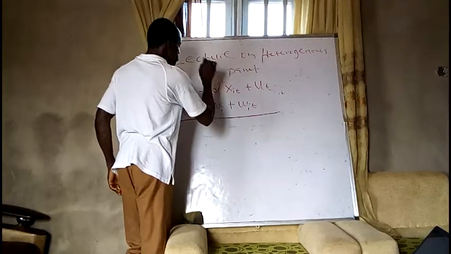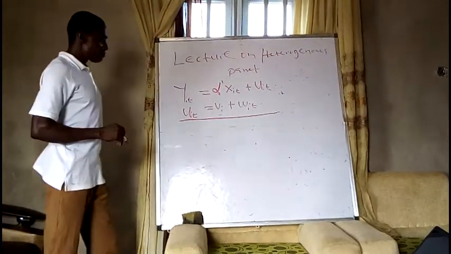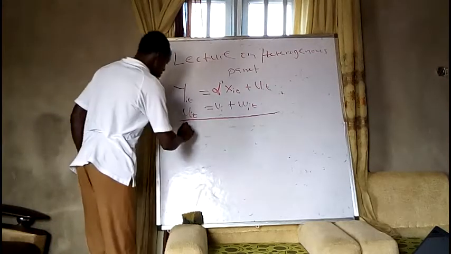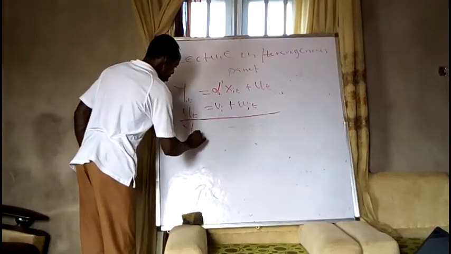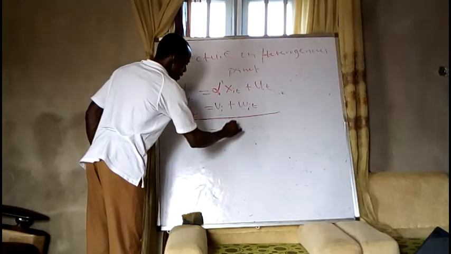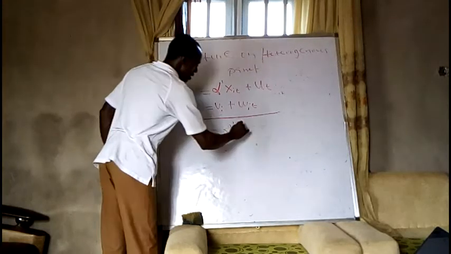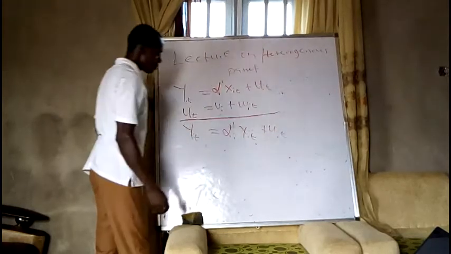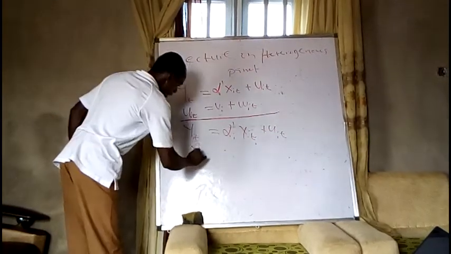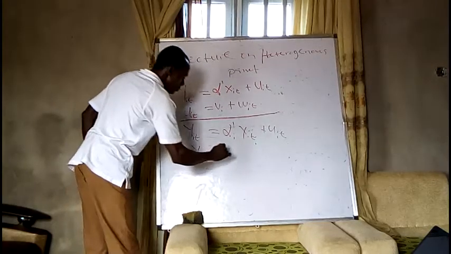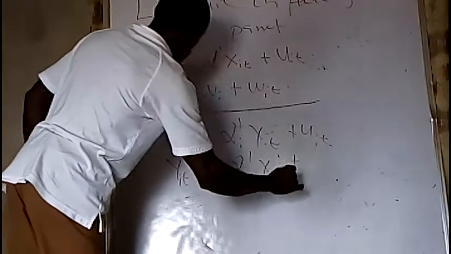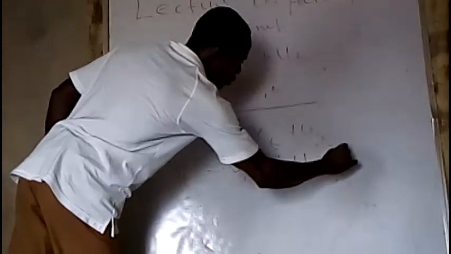So when the parameter alpha varies across entity, then this model can be restated as Y_it is equal to alpha prime_i X_it plus U_it, or Y_it is equal to alpha prime_i X_it plus V_i plus W_it.